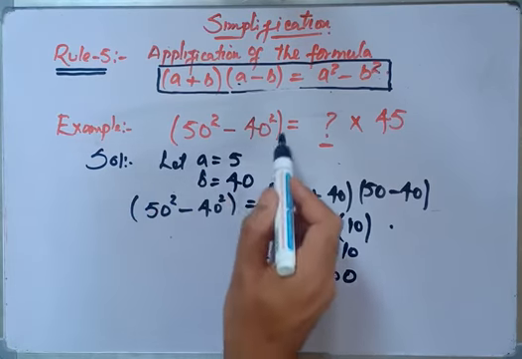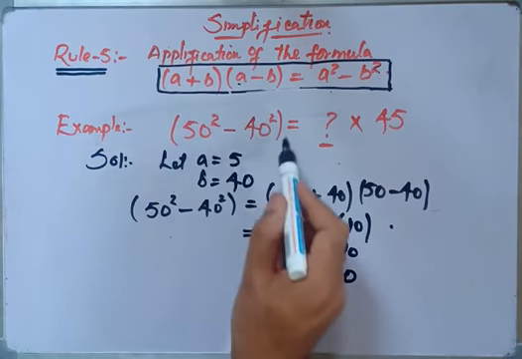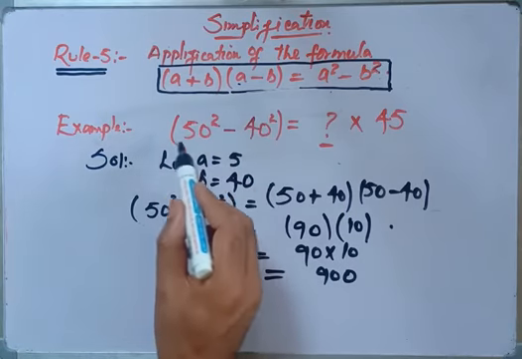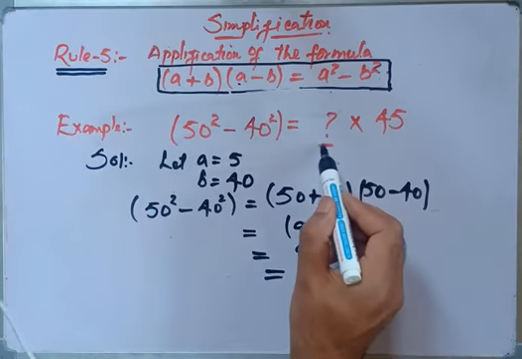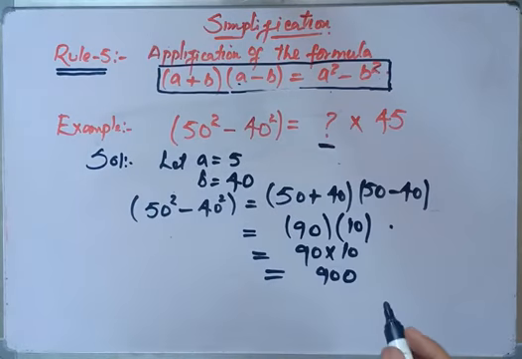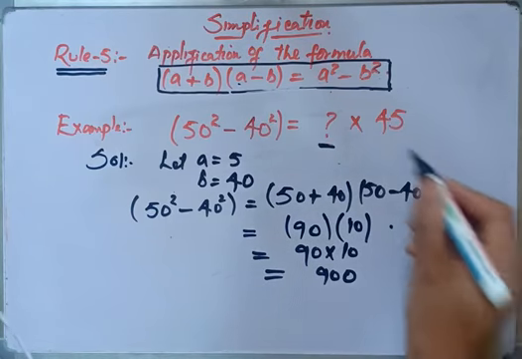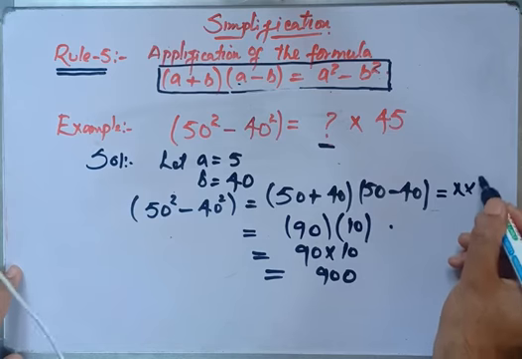So that means with this formula, we easily reduce the numerator of the expression. Now let's suppose this note of interrogation here is x. So now we can put 900 here, that is x times 45.